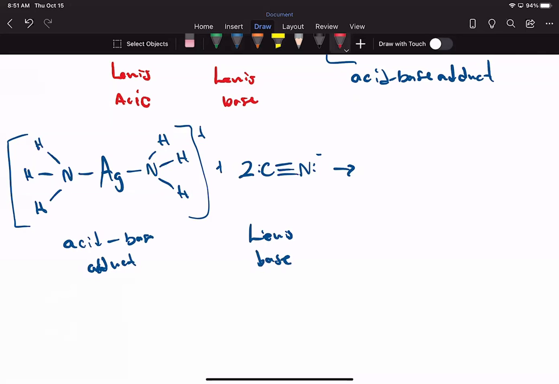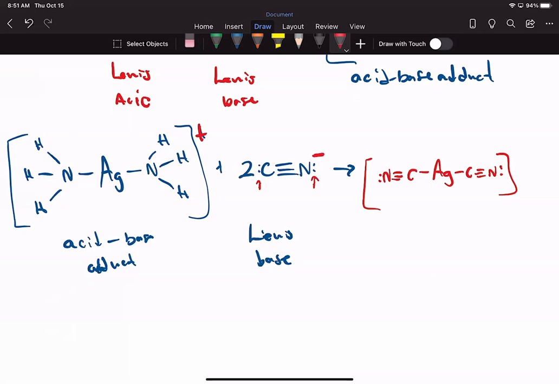I know it's a Lewis base because here are some bonding electrons. Here are some bonding electrons. So we would get silver, and this has a positive charge of +1.